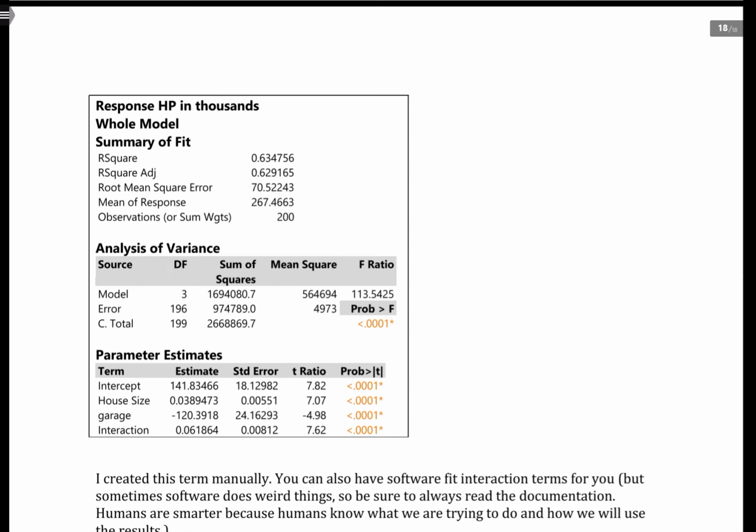Okay, so our prediction equation would be y equals a plus b1x1 plus b2x2 plus b12x1x2. So this is our interaction term again, our interaction effect. From here we have our whole model, so we've got A, B1, B2, and B12.